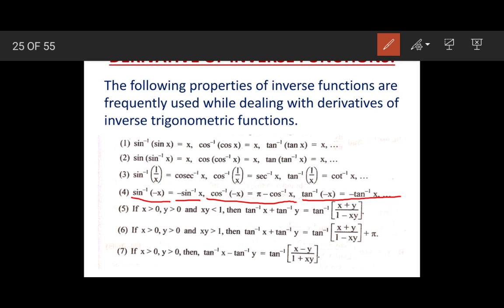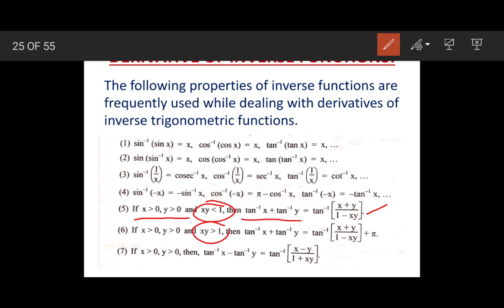Then next is a very important property. If x is greater than 0 and y is greater than 0 and xy is less than 1, then tan inverse x plus tan inverse y will be tan inverse of (x plus y) upon (1 minus xy).